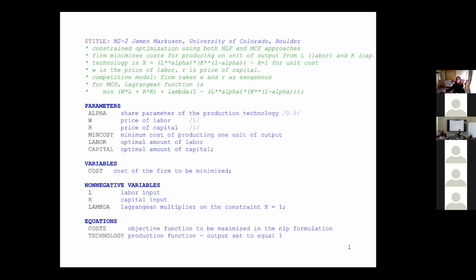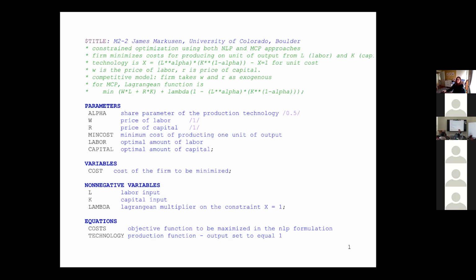Okay, so this next model, and I'll make sure that you can have access to these. I added these over the weekend. This is just a small extension of that one where we have constrained optimization.